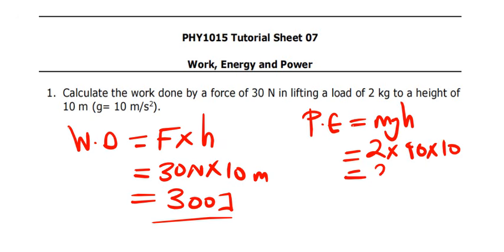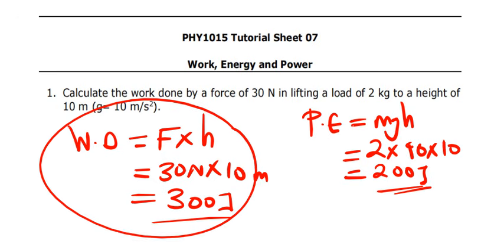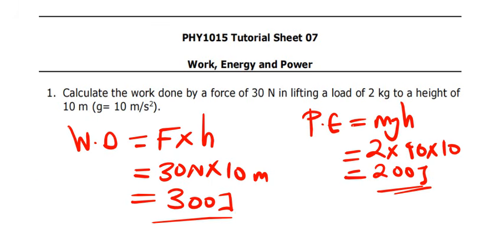So we're going to have 200 joules. Now that we've got 200 joules, what would be the net work? Because this is the work that you are doing as you are lifting it. However, the load is also going to do work in terms of potential energy. But now what will be the net work?